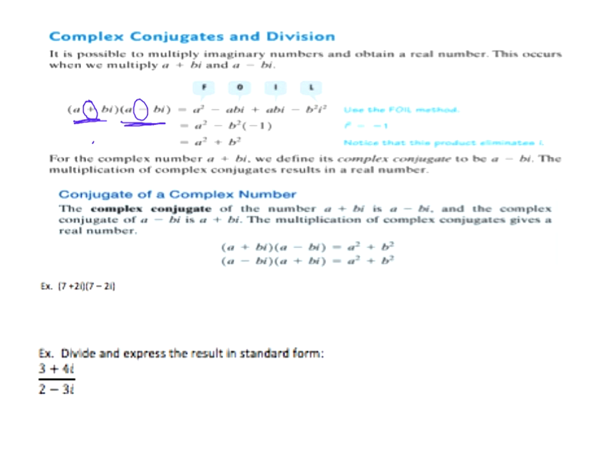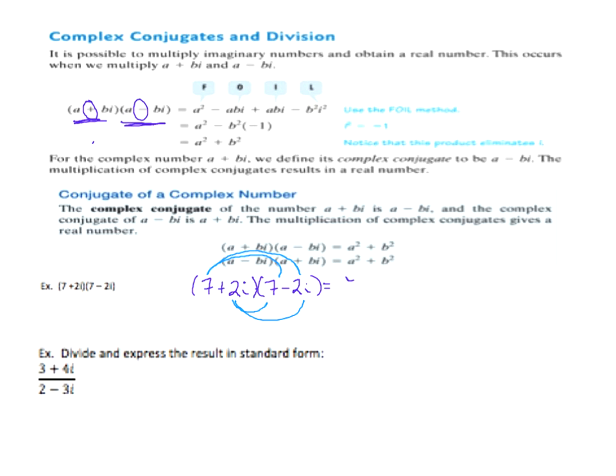So when I have 7 plus 2i times 7 minus 2i, I'm going to write this bigger to make it easier to see. So these are multiplying complex conjugates. I do the same process that I do with just multiplying binomials. I do 7 times 7 and 7 times negative 2i, 2i times 7 and 2i times negative 2i.